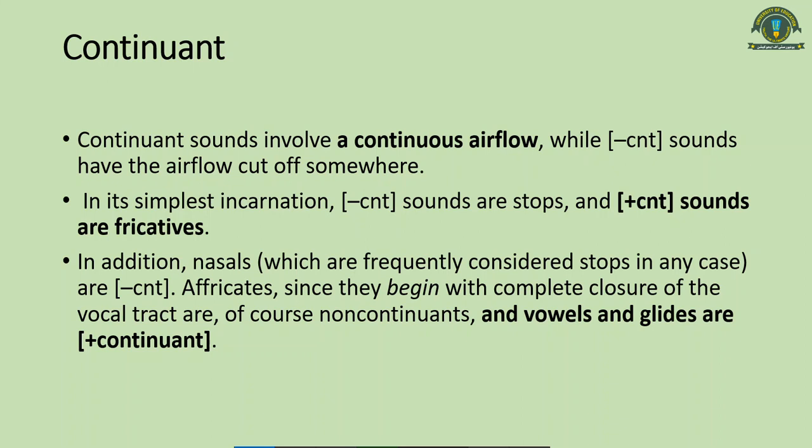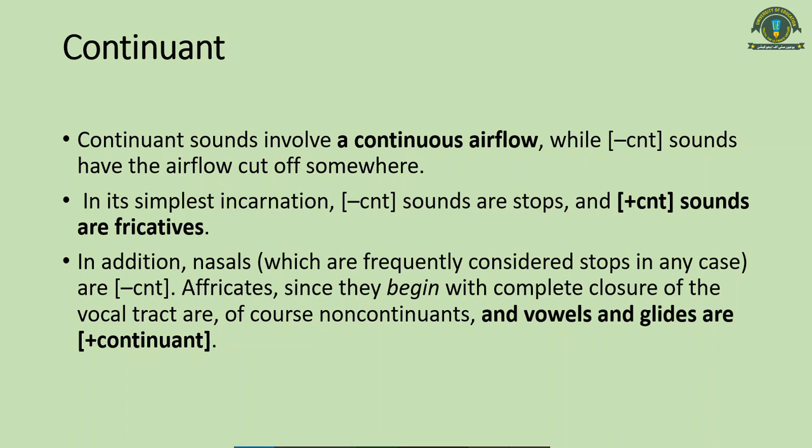So continuants are fricative sounds, and of course vowels and glides as well, because there will also be a continuous airflow in the production of vowels and glides. In addition, nasals, which are frequently considered stops, are minus continuant, because when you pronounce ma or na, air actually is not continuously flowing through your mouth.